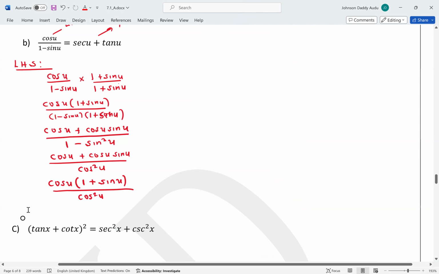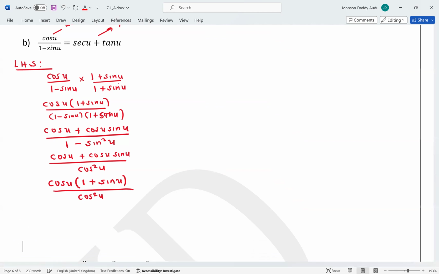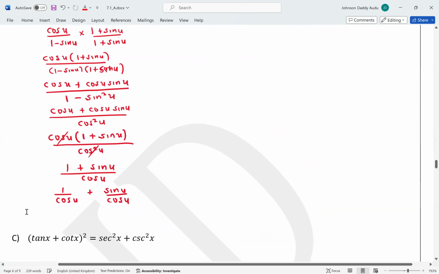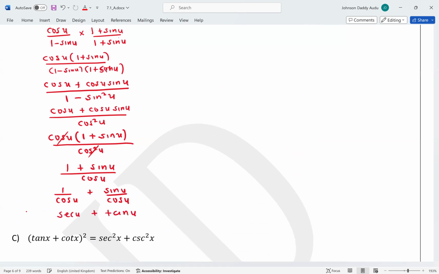So it means that we can cancel one cosine. So here we'll just have 1 plus sine u over cosine u. Then we can separate this as 1 over cosine u plus sine u over cosine u. Now, this is nothing but sec u plus tan u.